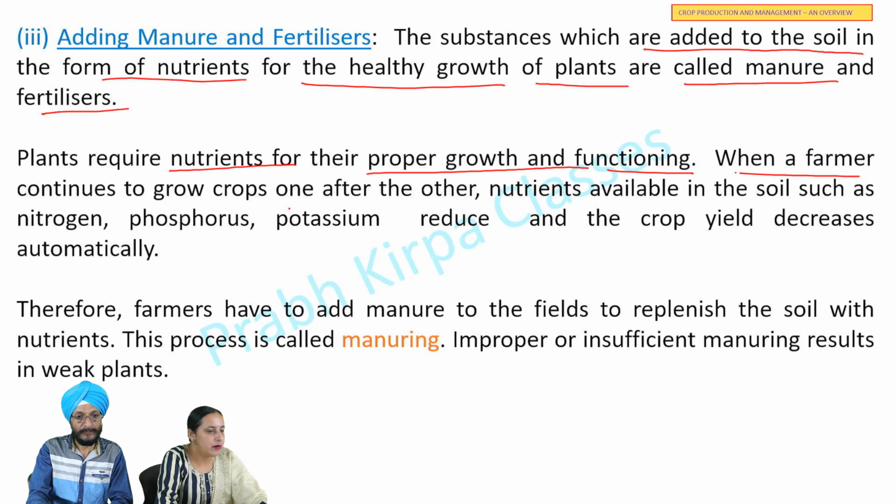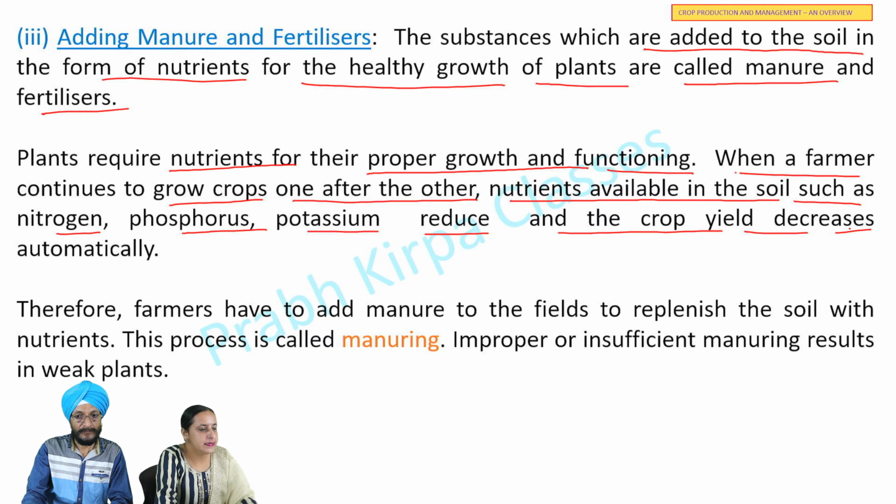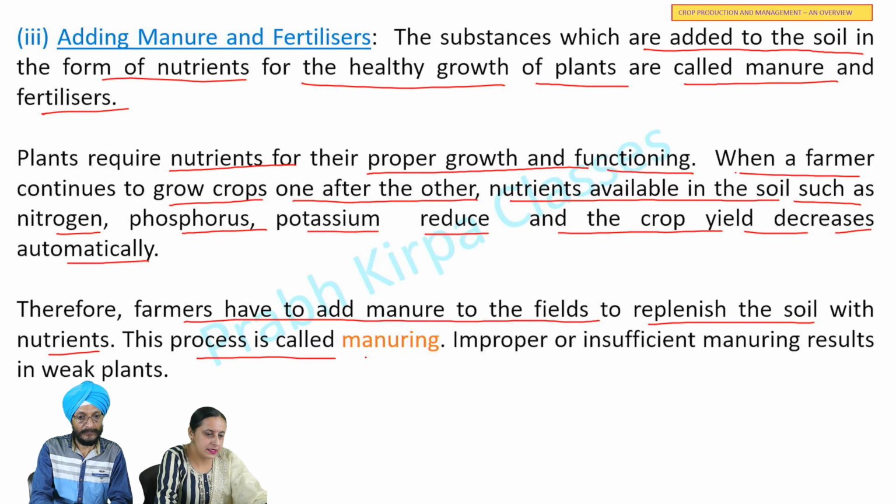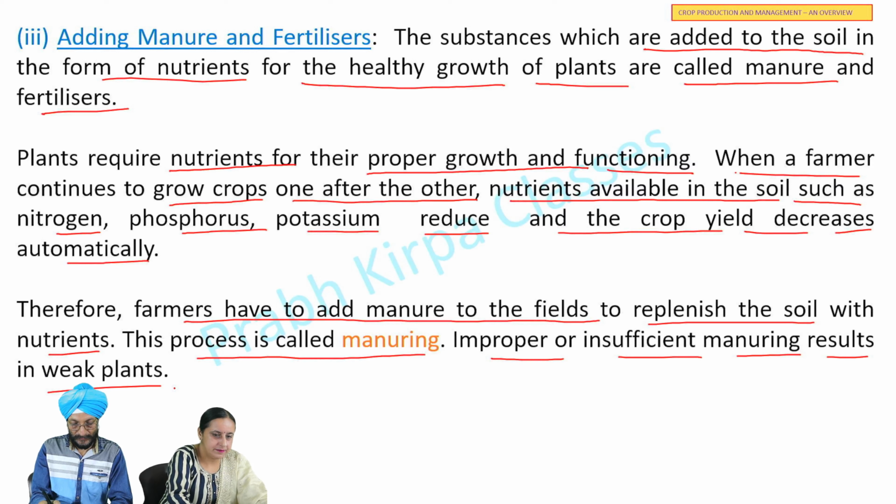When a farmer continues to grow crops one after the other, nutrients available in the soil such as nitrogen, phosphorus, potassium reduce and the crop yield decreases automatically. Therefore, farmers have to add manure to the field to replenish the soil with nutrients. This process is called manuring. Improper or insufficient manuring results in weak plants.